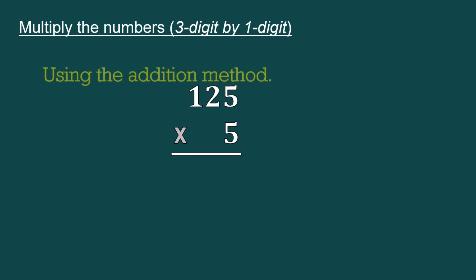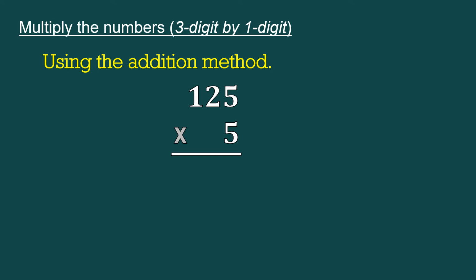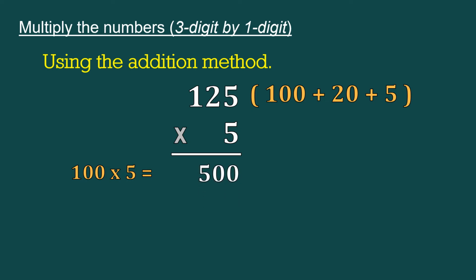Multiply the numbers 3-digit by 1-digit. Let's solve 125 times 5 using the addition method. We get the expanded form of a 3-digit factor. 125 makes 100 plus 20 plus 5. We multiply 100 by 5 to make 500 as the partial product.